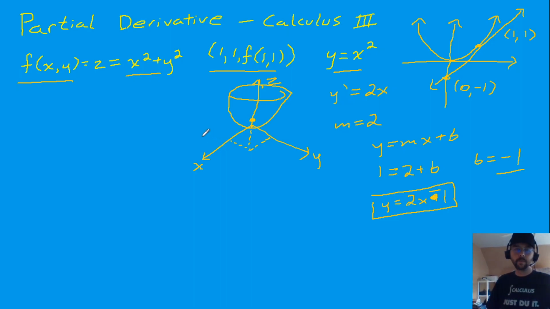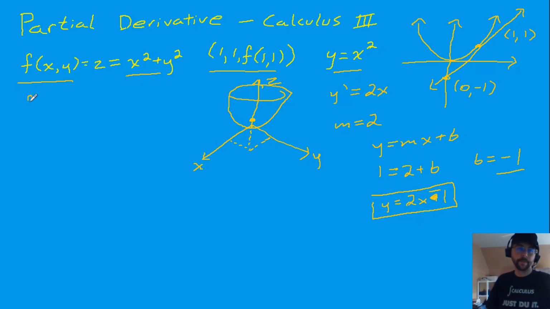And now we can find some different things from our partial derivative. We can find the slope of a tangent line, or we can find the tangent plane. So let's go ahead and do the partial derivative.